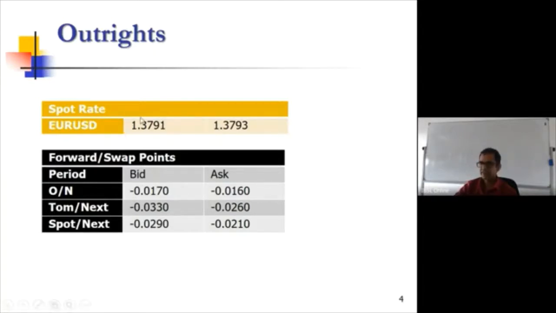We start with the bid spot price, then do the adjustment for the overnight stop points and the Tom next stop points. To calculate the bid side, we use the points in the offer side with the negative sign, or the opposite sign.